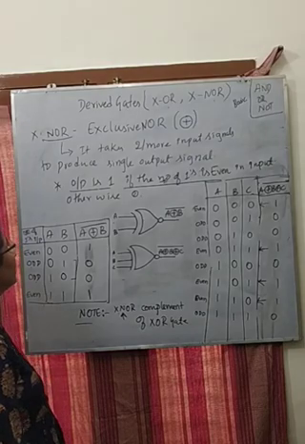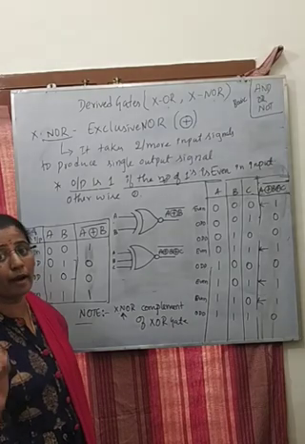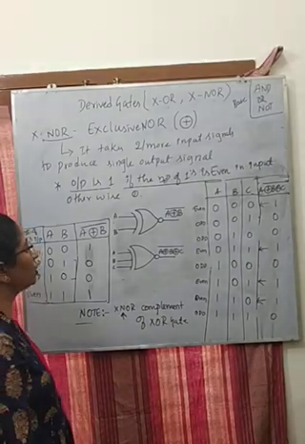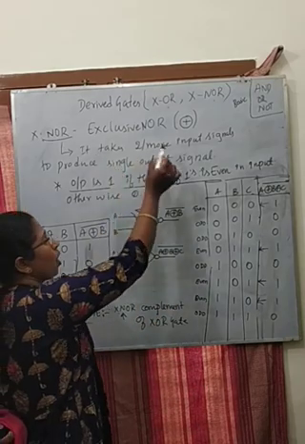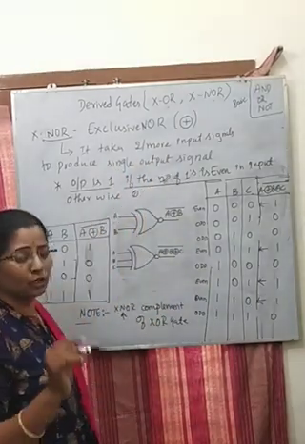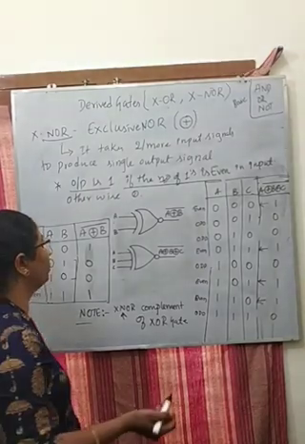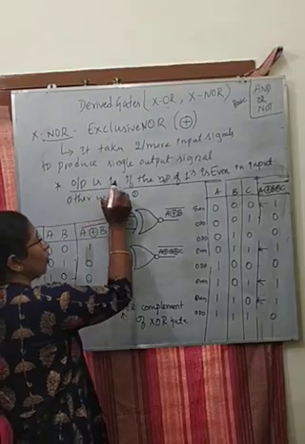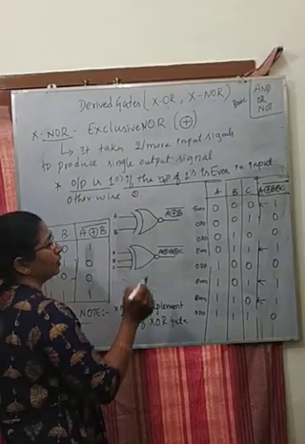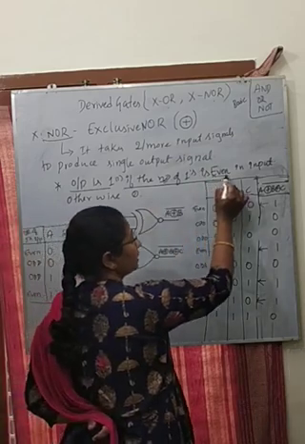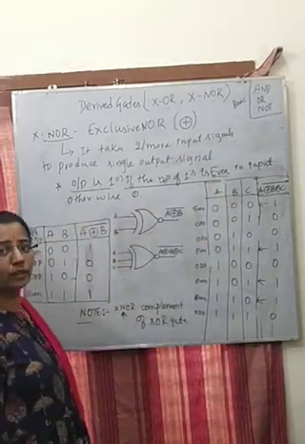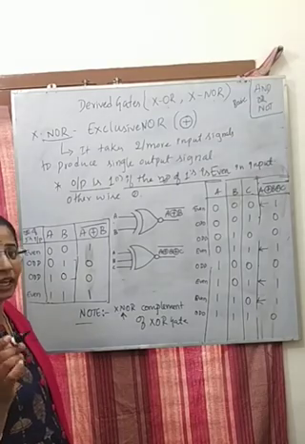XNOR gate is nothing but exclusive NOR gate. It takes 2 or more input signals to produce only one output. That output is 1, that means true, if the number of ones is even in the input.